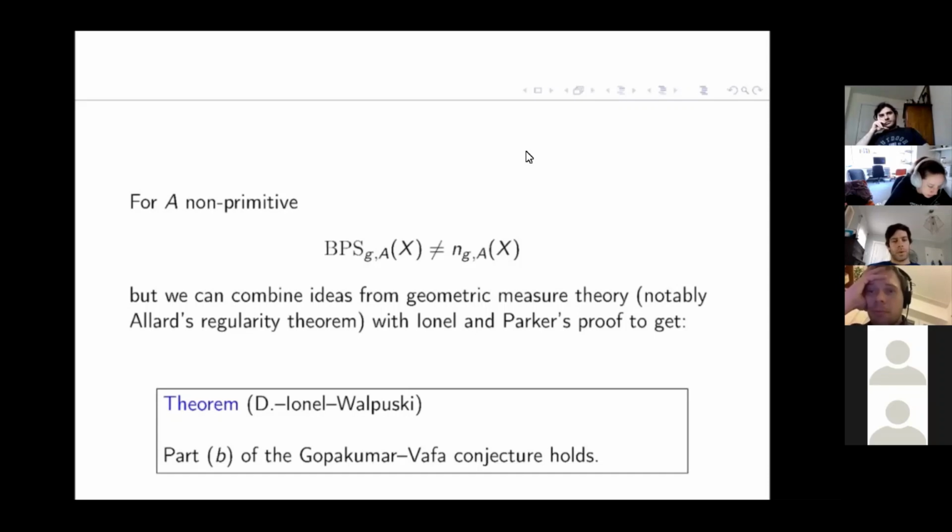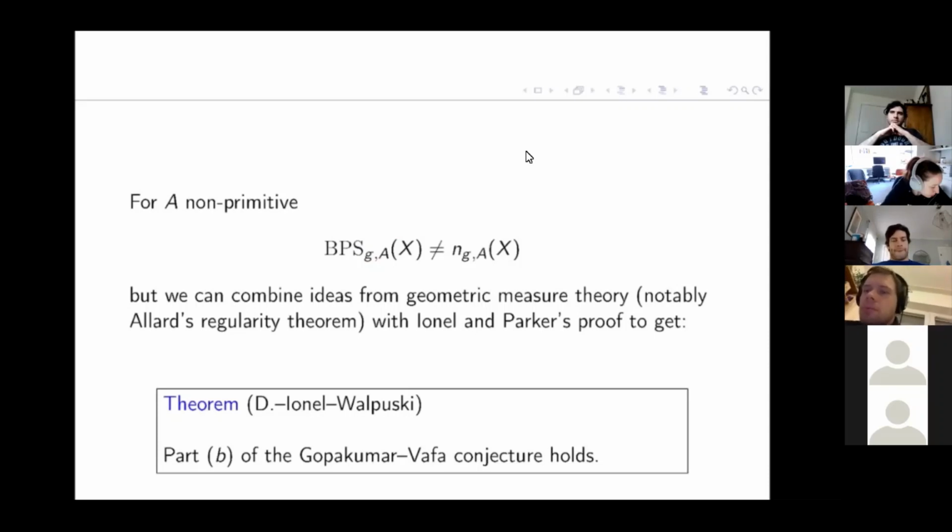So you cannot conclude from the theorem I just stated the full finiteness part of the Gopakumar-Vafa conjecture. But nevertheless, you can use arguments similar to the one I just described, using this compactness and regularity for currents. And you can combine it with the proof of Ionel and Parker to actually prove the full finiteness part of the Gopakumar-Vafa conjecture.